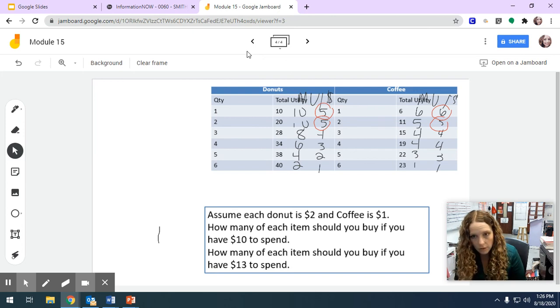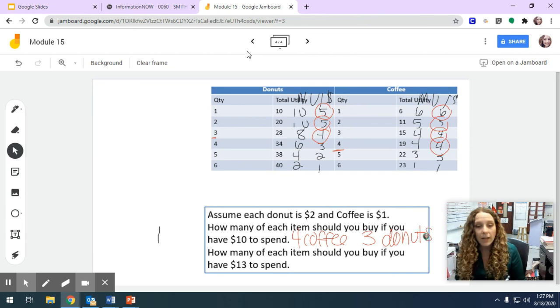But I'm going to come over here to the least expensive one. So that's, again, $1, $2, $3, 2, 3, 4, 5, 6. There's 7. And there's 8, 9, and 10. So if I've got $10 to spend, I'm going to buy 4 coffee and 3 donuts. Okay, so that would be 4 coffee, 3 donuts.